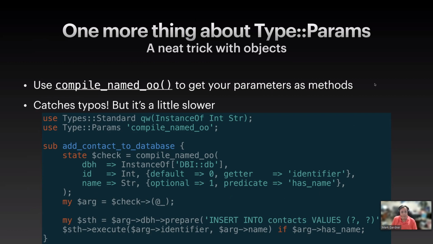So compile named OO, I'm using this in this add contact to database function. You pass it a DBI handle as the first parameter called DBH. You pass it a name and an ID, a string and an integer, and they will all get turned into methods for the argument reference that gets returned from check.